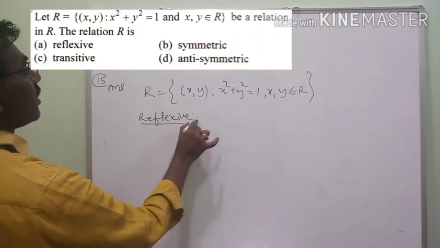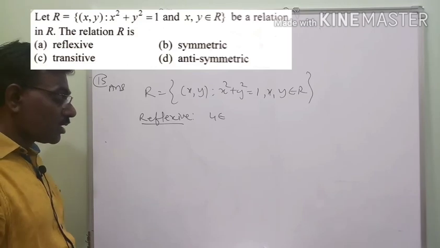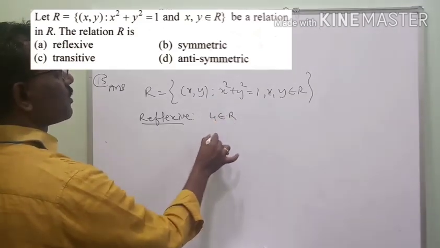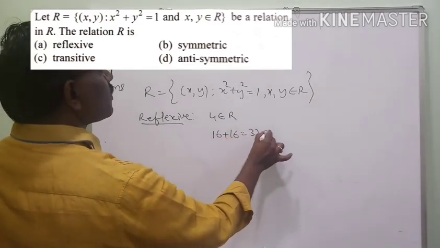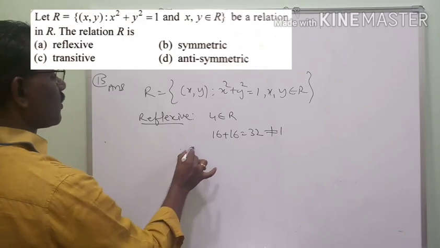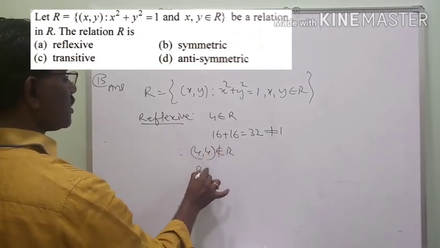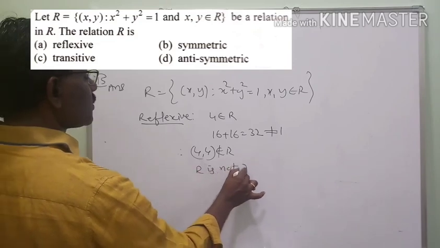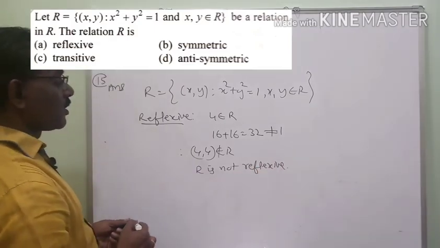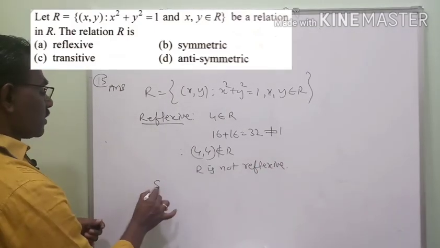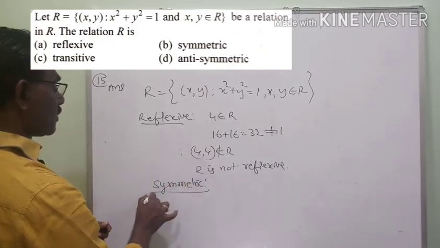Reflexive. Suppose I am taking 4 belongs to R. 16 plus 16 is 32, not equal to 1. Therefore, (4,4) does not belong to R. R is not reflexive. Now see whether it is symmetric or not.